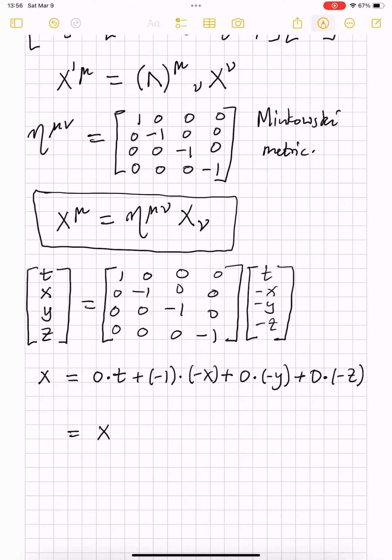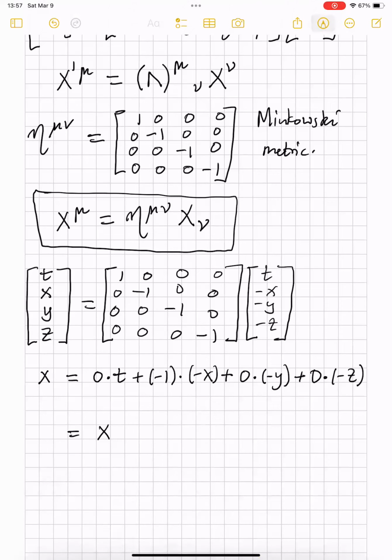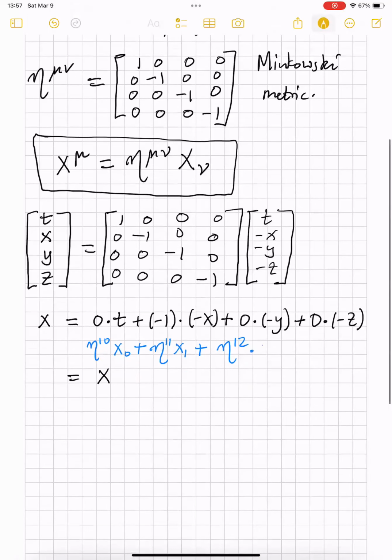But let's interpret each of the terms that are being summed. This 0 over here is eta 1 0, and the t is x 0. Plus the minus 1, that's eta 1 1, and the minus x is x 1 downstairs, the covariant x 1. The 0 here is eta 1 2, so row 1 column 2, times the minus y, the second component of covariant x.